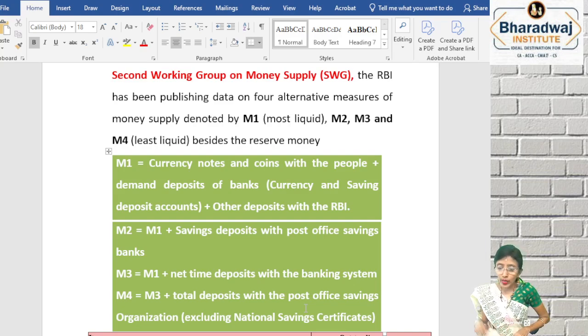Coming to M2, M1 plus savings deposits with post office savings banks. M3 will be M1 plus net time deposits with the banking system. M4 is nothing but M3 plus total deposits with the post office savings organization. However, this bracket is important, excluding national savings certificate.